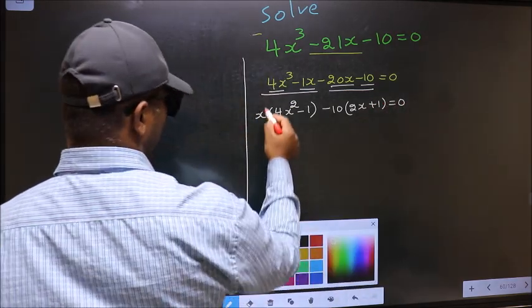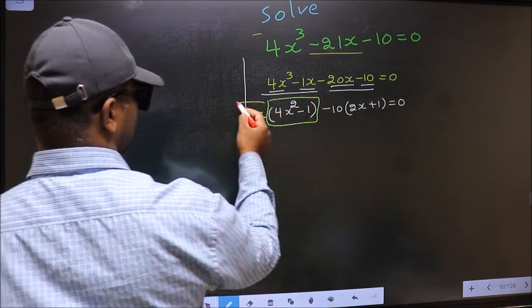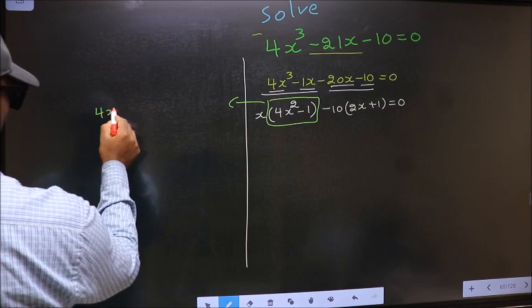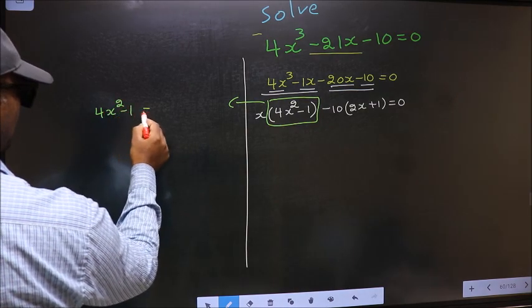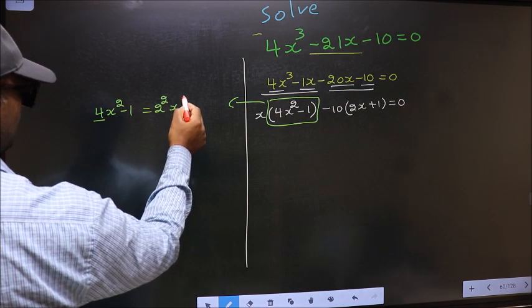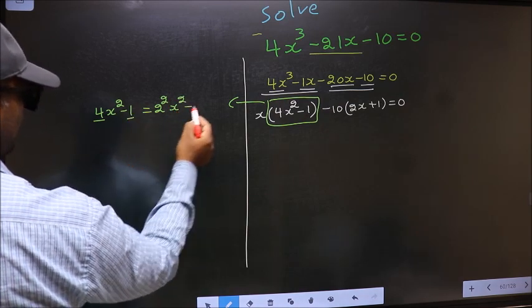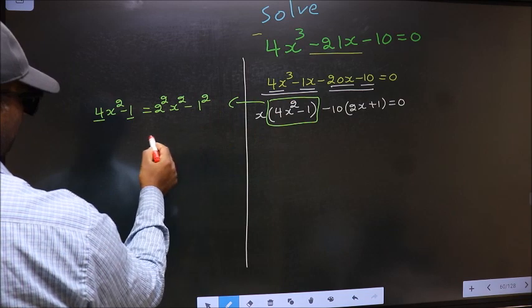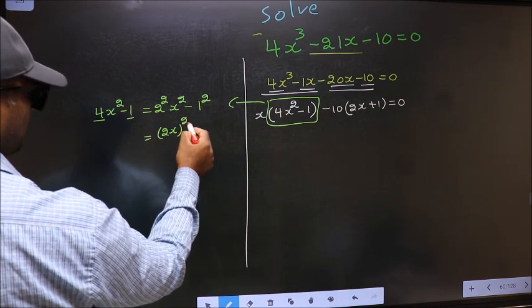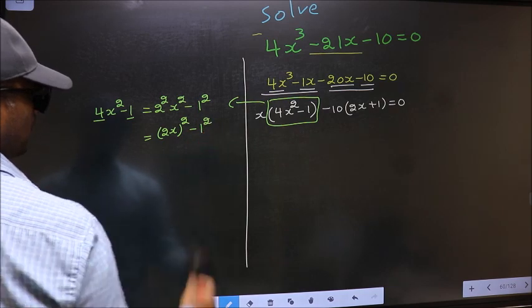Now this quadratic I will simplify it here. That is 4x square minus 1 equal to 4 is 2 square, x square, minus 1 I write as 1 square. Now 2 square x square is 2x whole square minus 1 square.